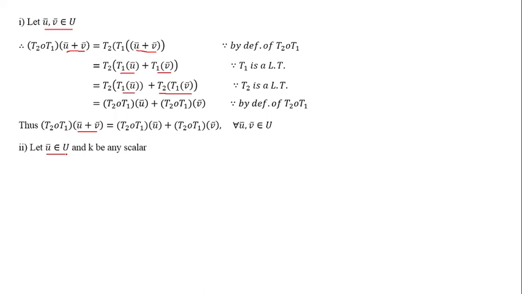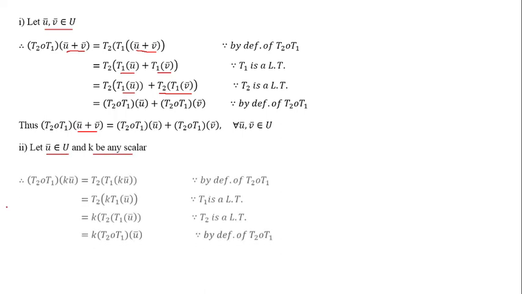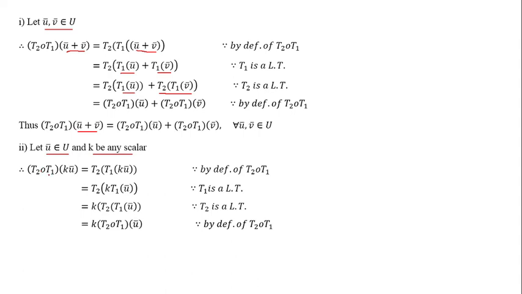Now second, let u bar be any vector in vector space capital U and k be any scalar. Therefore T2 composite T1 operating on k u bar is, apply the definition of composition map, T2 as it is, first apply T1 on k u bar. Now T1 is a linear transformation, so you can take this k outside. So this is k T1 operating on u bar.